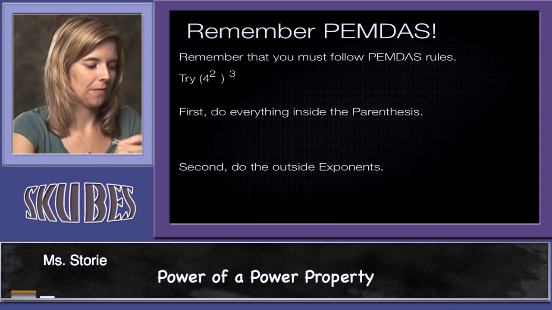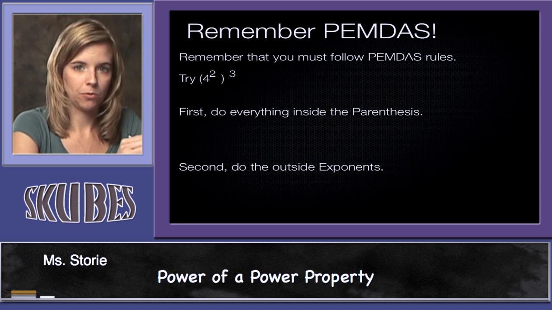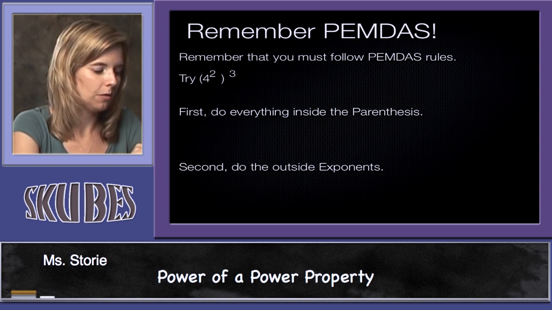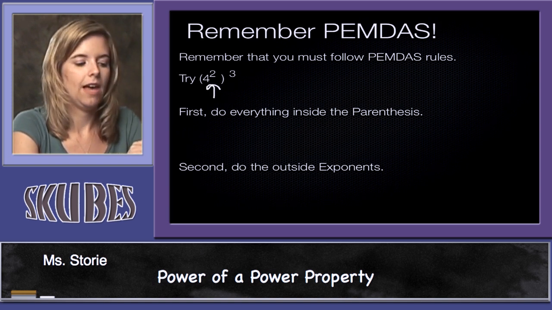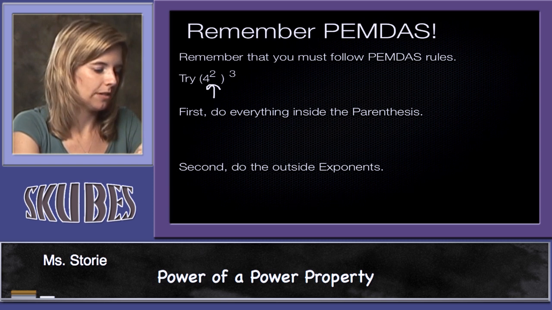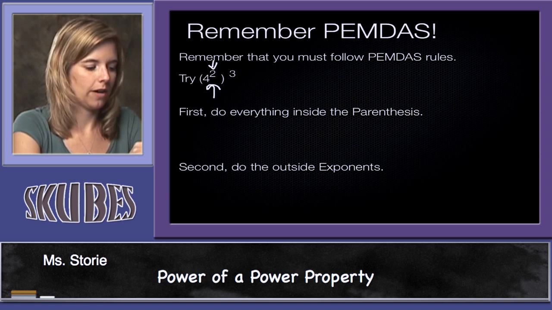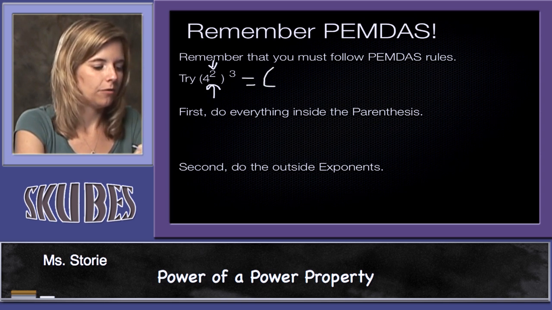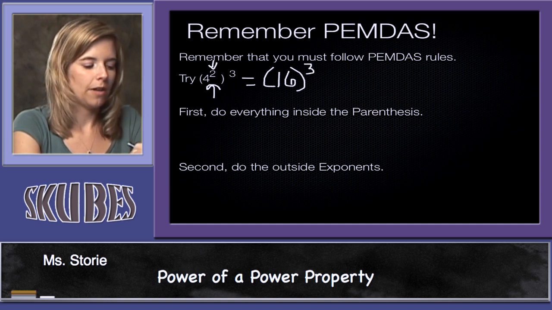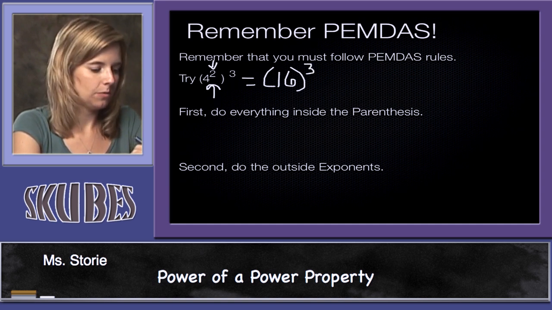Let's take a look at some more. Remember that you have to follow PEMDAS rules. Parentheses first, so you deal with everything inside the parentheses, and then comes exponents, which we're focusing on right here. So the first thing we have to do is the parentheses, 4 squared. 4 times 4 is 16. Now, PEMDAS says we deal with all our parentheses, which we did.